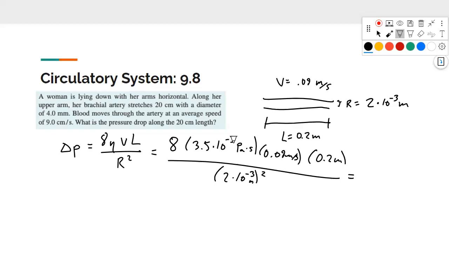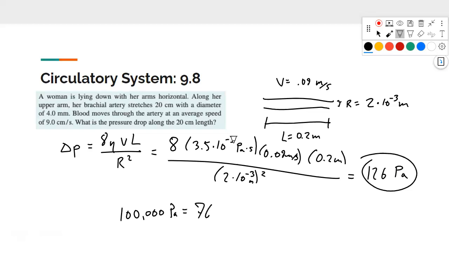So we get something times 10 around, yeah, perfect. So 126 pascals, which is a pretty small pressure. If you convert that to millimeters of mercury, remember that there are 100,000 pascals in an atmosphere, and that's 760 millimeters of mercury. Then we get 0.95 millimeters of mercury.